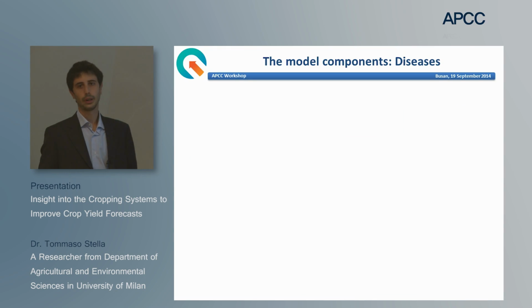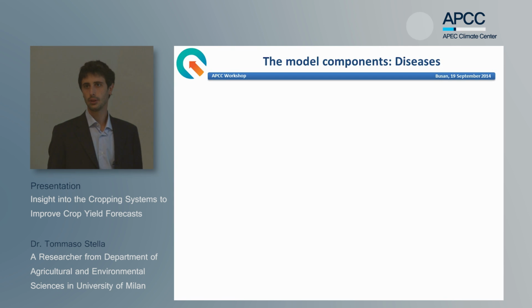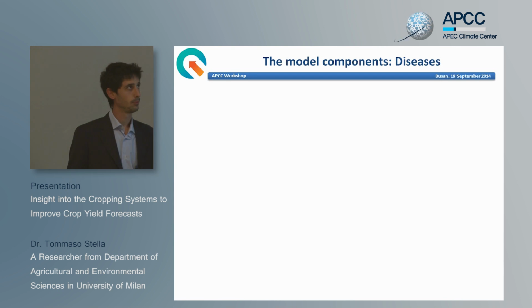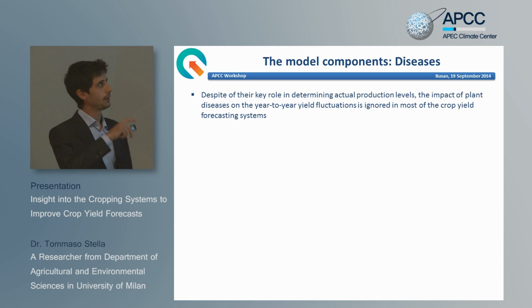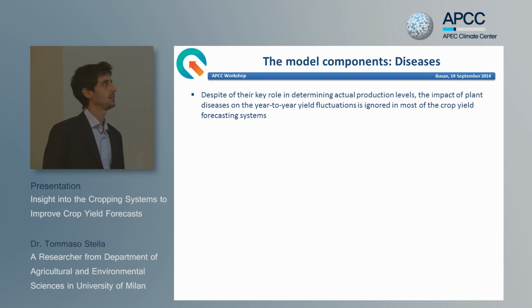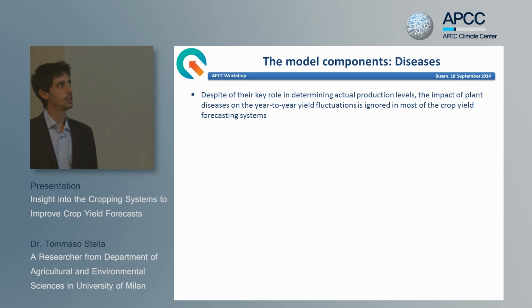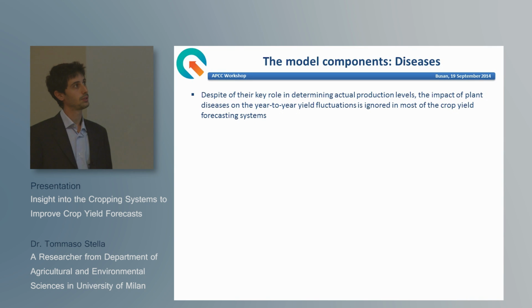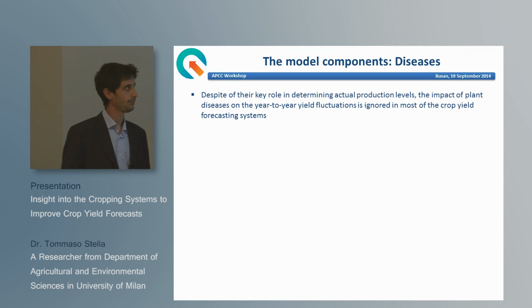So let's go to another component, the one we use for simulating the diseases, plant diseases. And in this case, despite their key role in determining actual production levels, the impact of diseases on the year-to-year yield fluctuation is ignored in most of the yield forecasting systems.